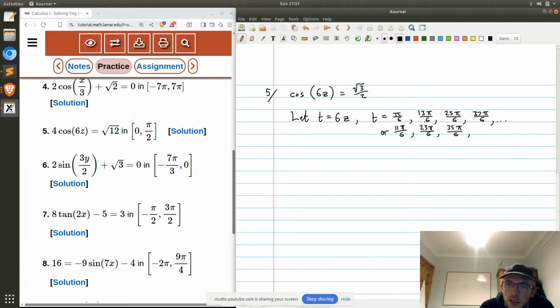I think that's right, isn't it? Now, if t is equal to these, then z is a sixth of all of these.